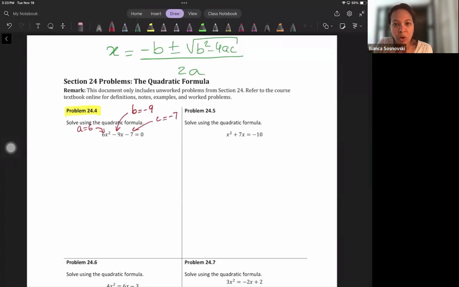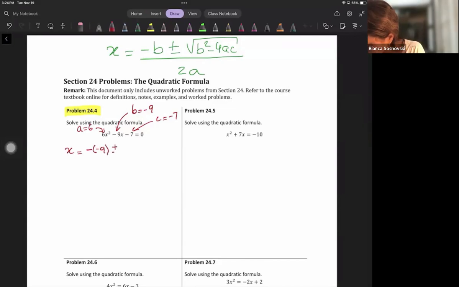So we're going to put all these coefficients into the formula and calculate. The formula is on the top. All right, so let's do this for x. To find the x, we're going to do minus b, so minus, and then b itself is negative 9. So there is a double minus there.